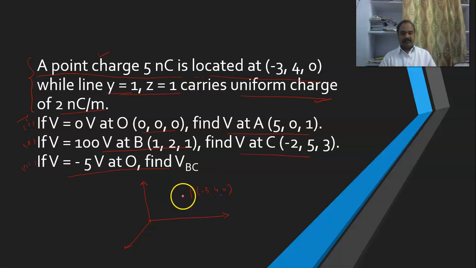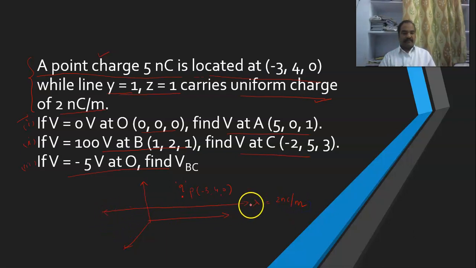There is a point charge, a small q, let us suppose. And also y = 1, z = 1 carries a uniform charge of 2 nanocoulomb per meter, which means that there is a line here. There is a line charge also. See, two charges are there, and the line charge value is lambda equal to 2 nanocoulomb per meter.